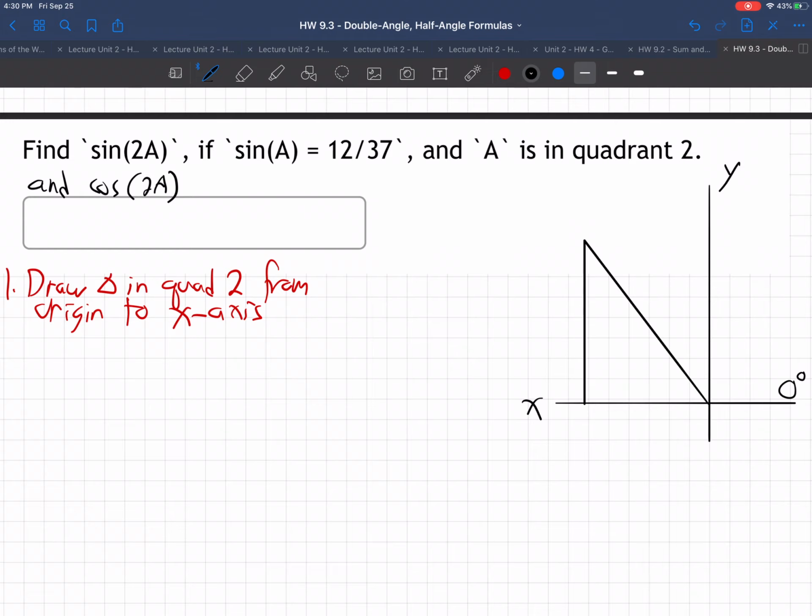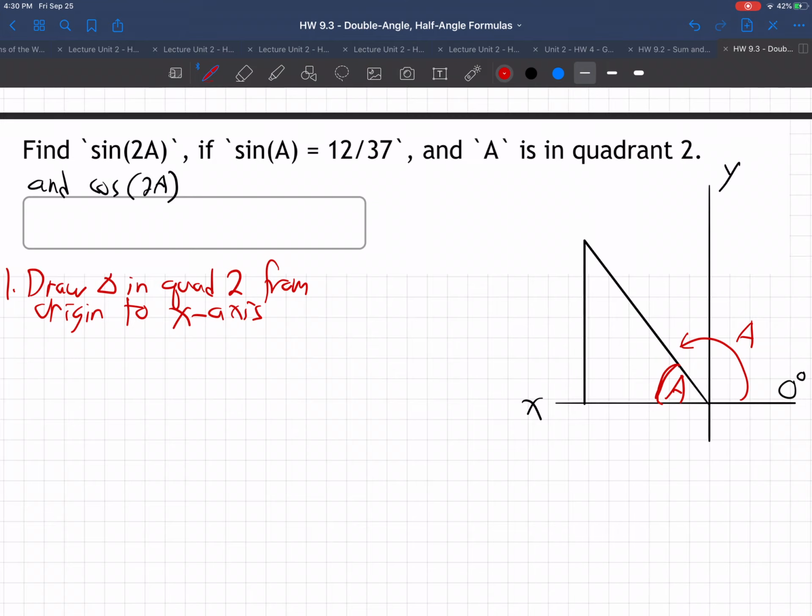And then when you put the angle A, we put it right there at the origin, like that. Does that make sense? Because technically, A is actually right here, to be super precise. A is from 0 degrees.